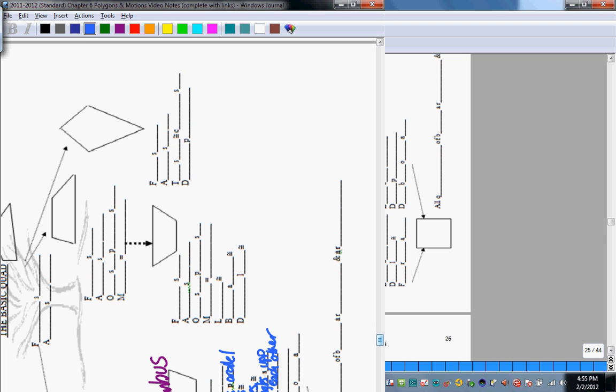Again, those are all the same qualities of the parallelogram. Those are called the OCD qualities.